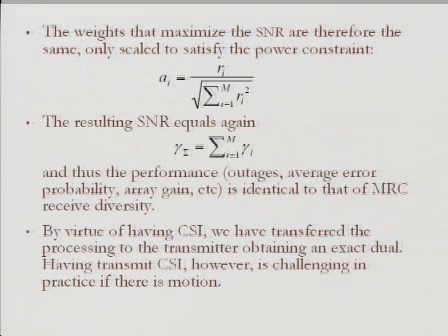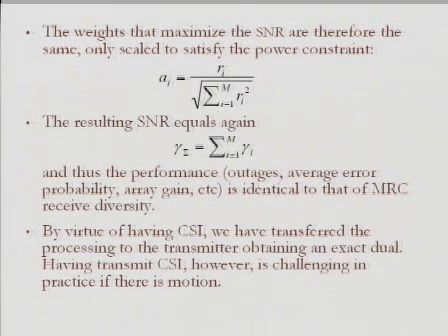So by virtue of having CSI at the transmitter, we have transferred the processing from the receiver to the transmitter and obtain an exact dual. So in other words, the performance of a system with M antennas at the transmitter and 1 at the receiver with CSI is the same as 1 antenna at the transmitter and M at the receiver. Okay, so we have just transferred it over in some way. Because we have CSI, we can obtain the same exact performance. And so all the formulas that we derived can be applied here too.